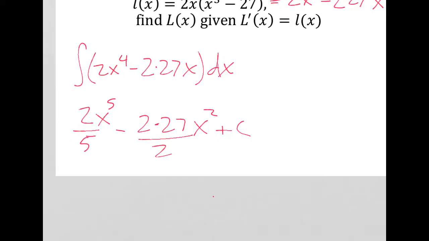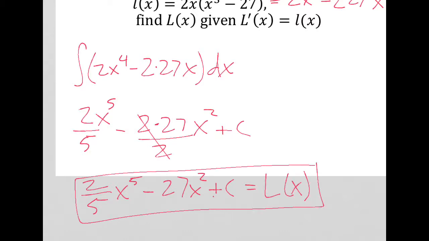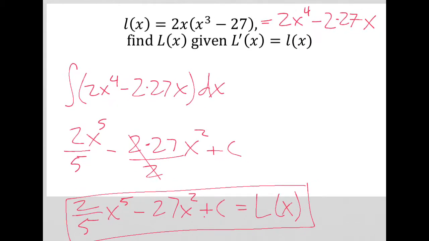Do you see why I didn't multiply that 2 in? Totally could have, but now I can see those 2's cancel, and so I get 2 over 5 x to the 5th minus 27x squared plus c is my function. Sorry, not j of x. That was the last one. That's my function L of x right there. And we just did a bunch of integration. Basic idea, add 1 to your exponent, divide by that new exponent.